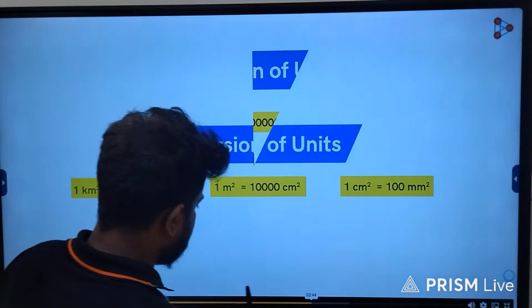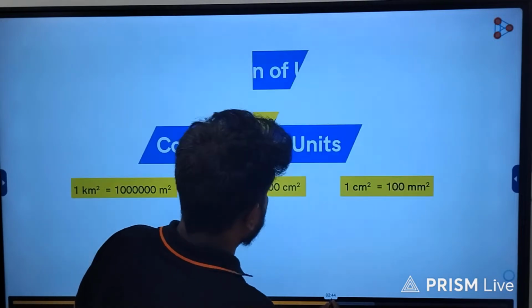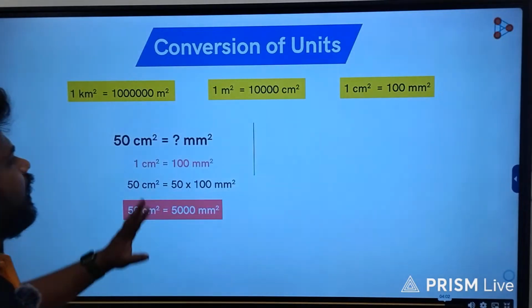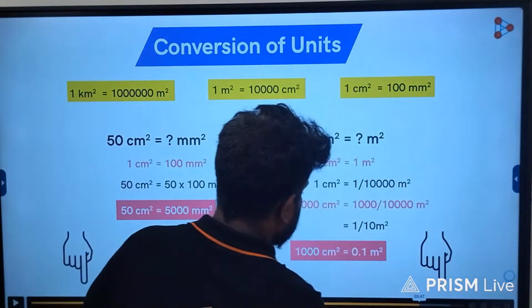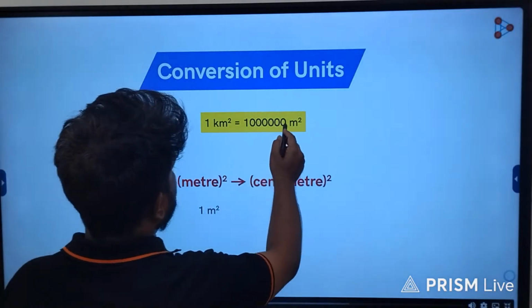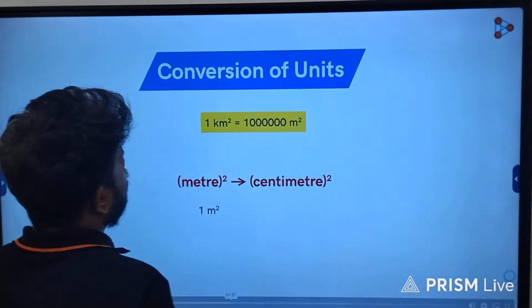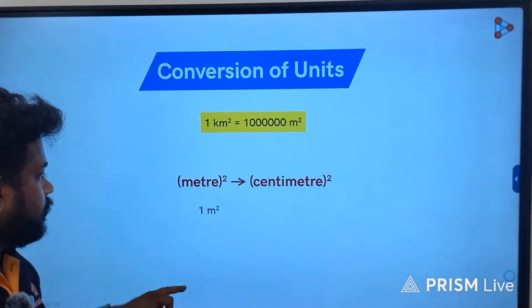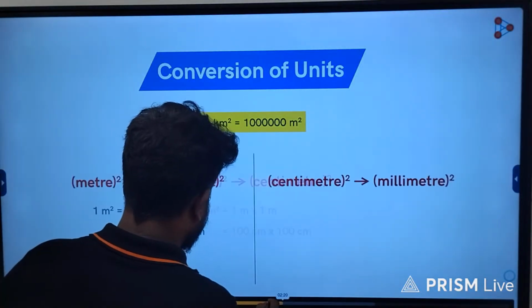Okay, so it will be better if you go up to this measurement as well. So 1 kilometer square is actually 10 lakh meter square.